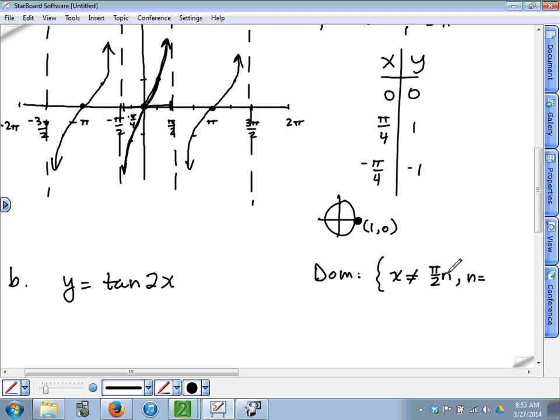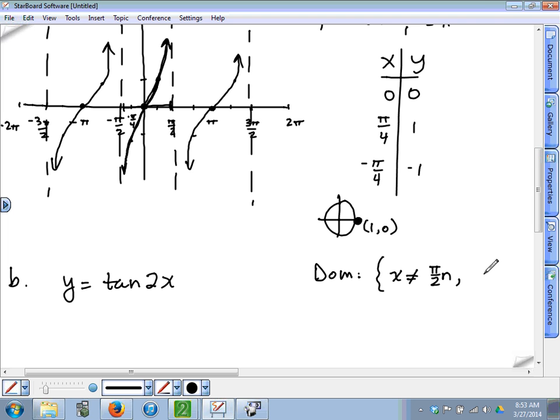So we don't want n to be all integers. Odd? Okay, that would be an acceptable way. n equals odd integers.